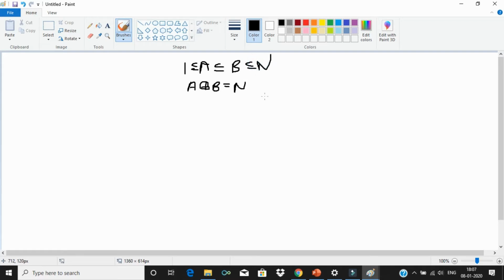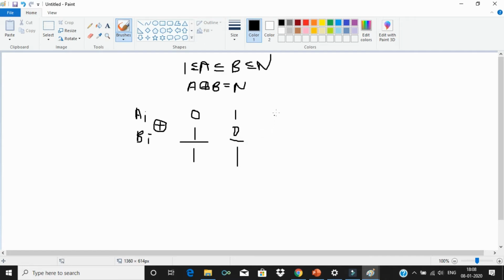Now you should know the property of XOR, which says that if the bit from one integer is 0 and the other is 1, the result of the XOR operation will be 1. Take some ith bit of A and some ith bit of B and do XOR between them: 0 and 1 gives 1, 1 and 0 gives 1.